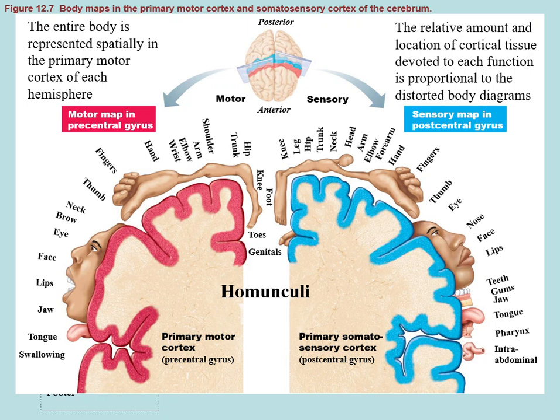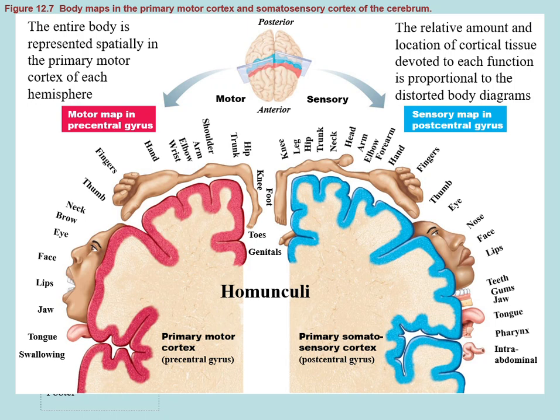For the motor homunculus on the left, the entire body is being represented spatially in the primary motor cortex of each hemisphere. Note that areas like the face and the hands are a little bit bigger than something like the toes or the knee, and that's because they are allowed more precise motor control.